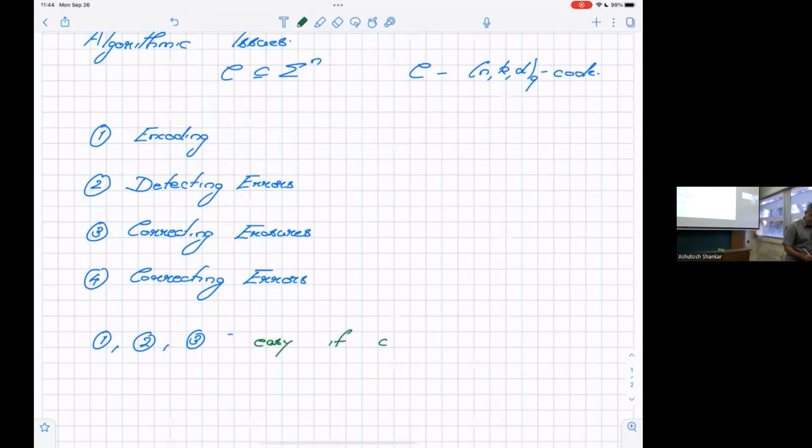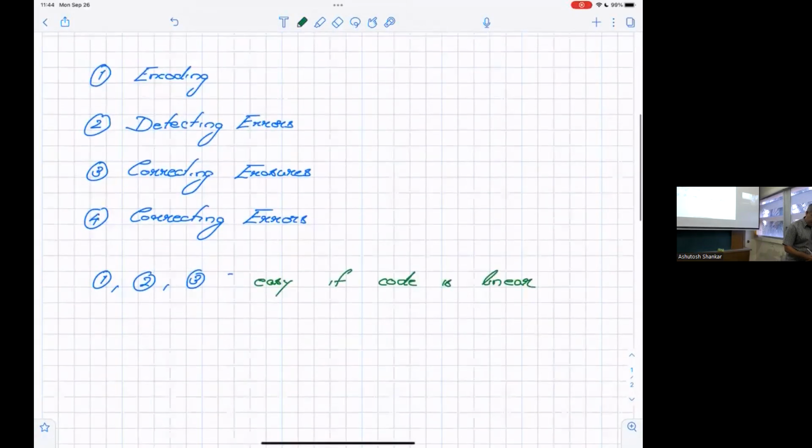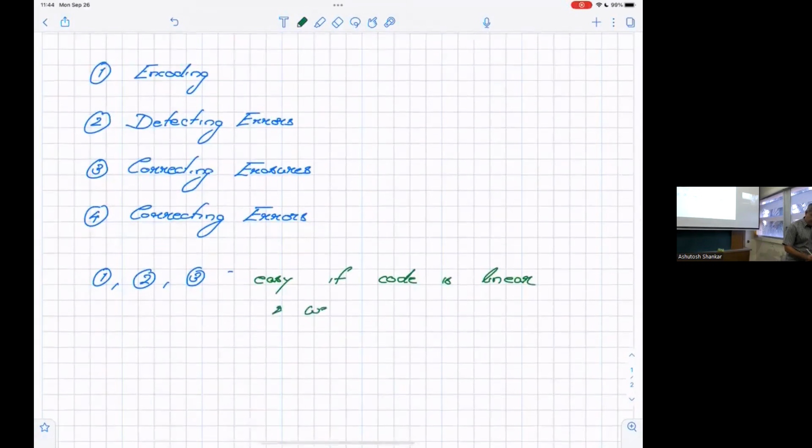if the code is linear and we have access to the generator matrix G and the parity check matrix H. Most of the linear codes we have talked about, we made a huge effort to find out what is G, what is H, and that's precisely to make 1 and 2 easy. 3 gets not so easy.